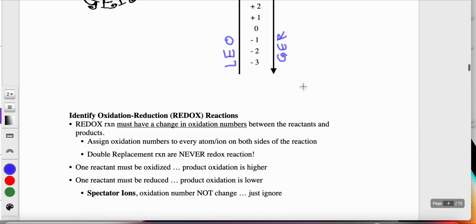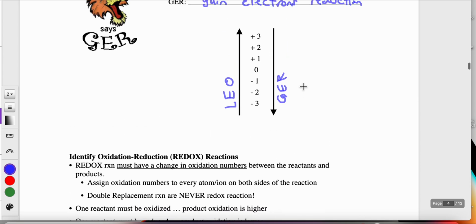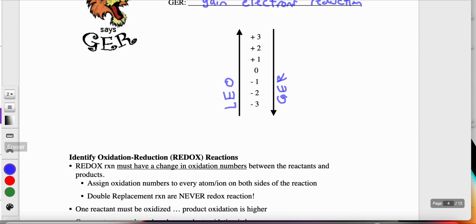Now, I'm not going to read through all these bullets, but here we go. Redox reactions. I typically just say redox, but redox stands for oxidation reduction. If it's redox, it means that there has been an electron transfer.